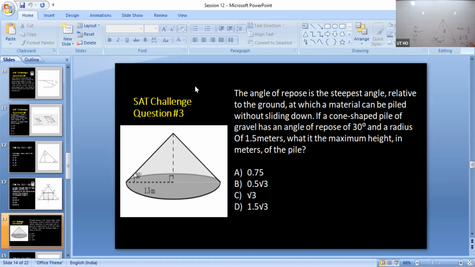So you can rationalize. So root 3 upon 3, so it will be 1.5 root 3 by 3, which is 0.5 root 3. Okay.